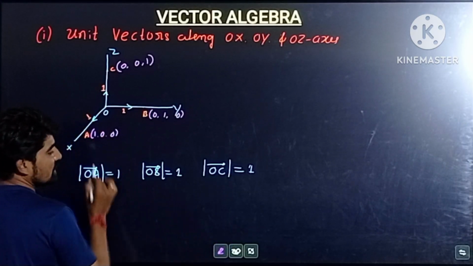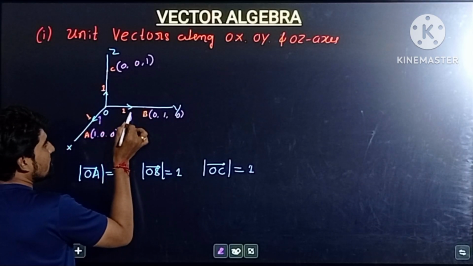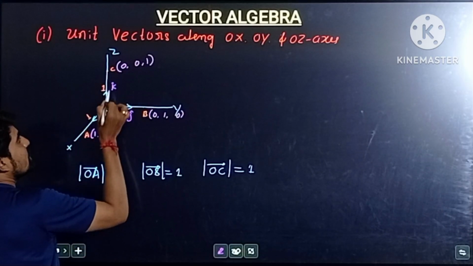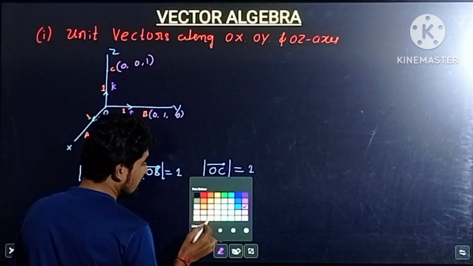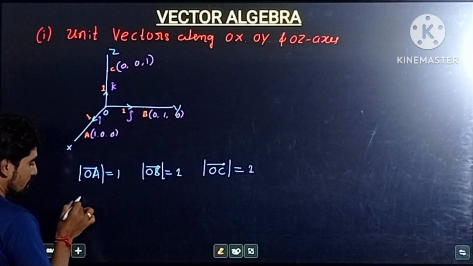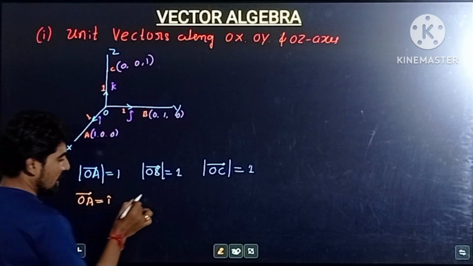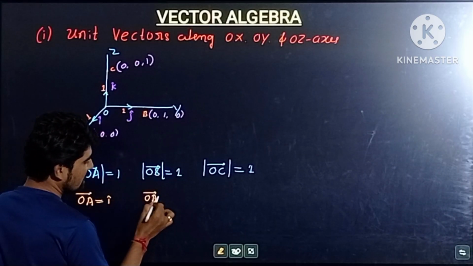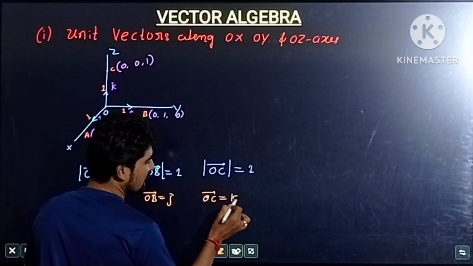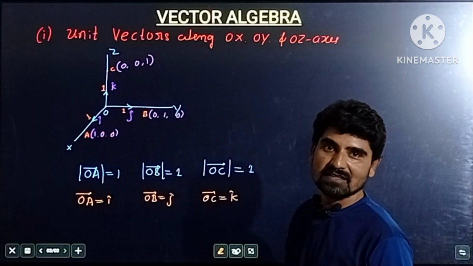And see here, i cap is the unit vector along the x-axis, j cap is the unit vector along the y-axis, and k cap is the unit vector along the z-axis. It means the vector OA is i cap, the OB vector is j cap, and similarly the OC vector is equal to k cap. So we say that i cap is a unit vector along x-axis.